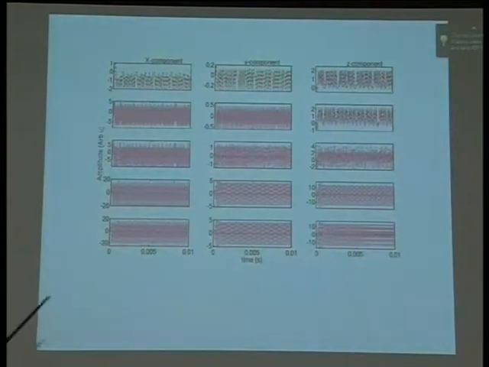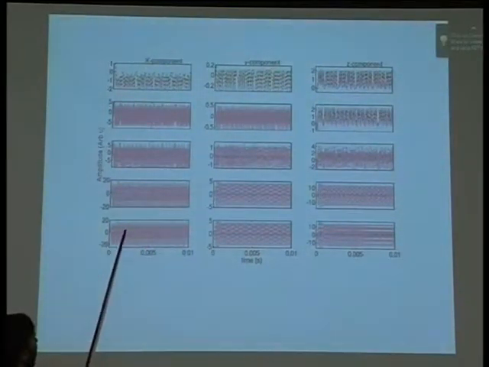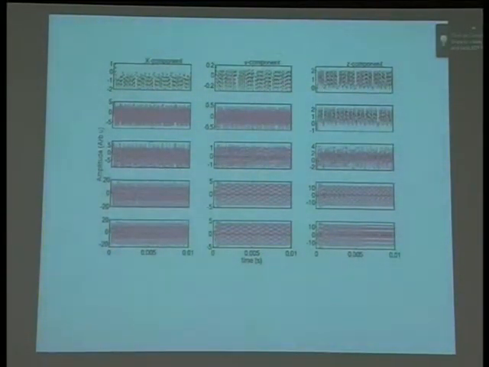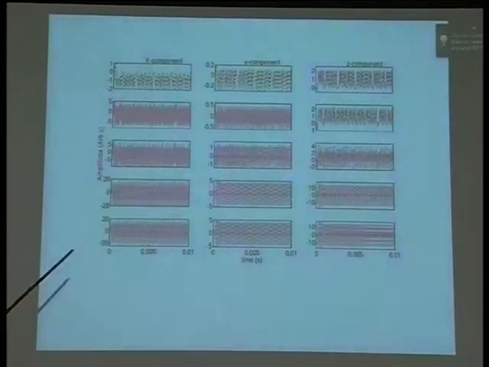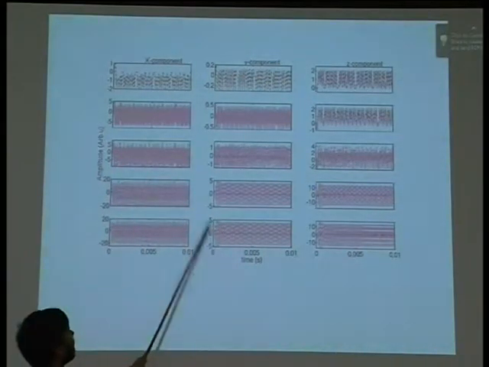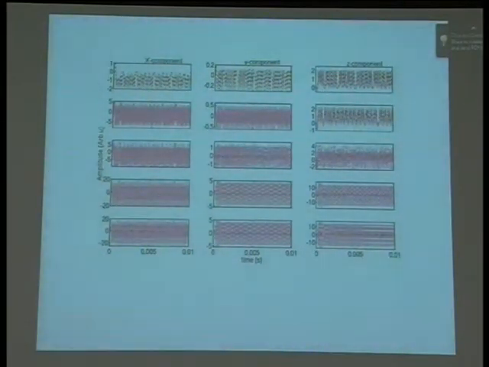And when we increase the time step further, these black lines are observations, and this is the model. So for higher time steps, the system is diverging. These are the results when we coupled the x component only.